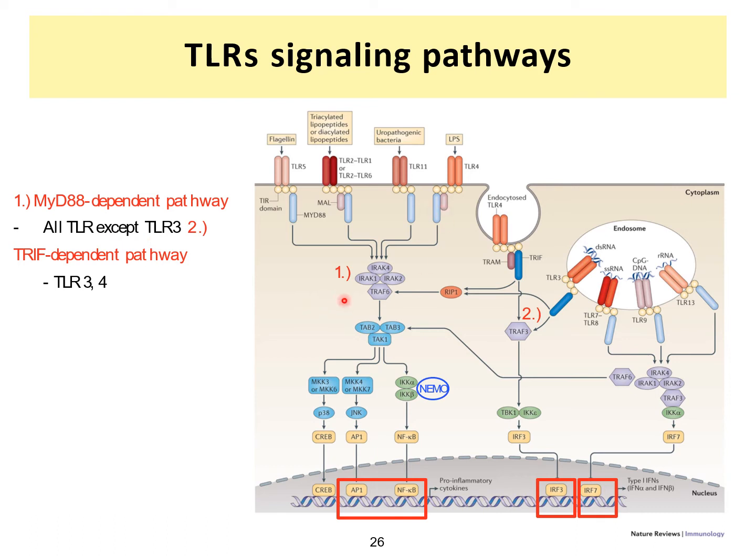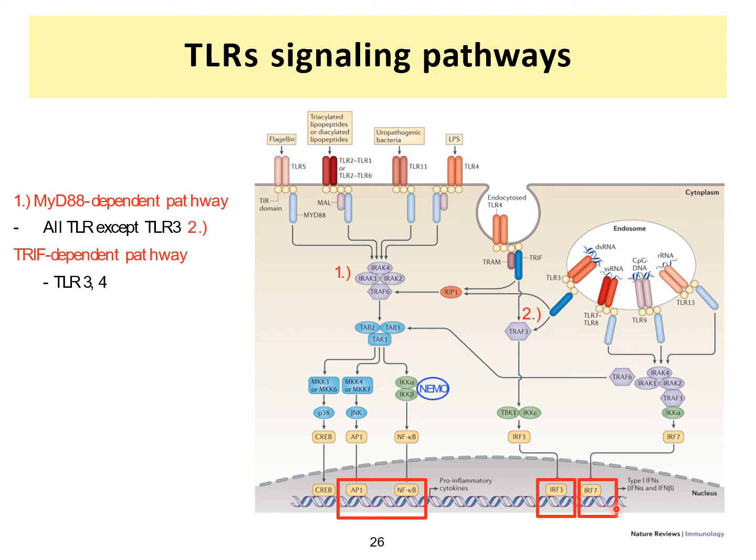So the first one is all TLRs except TLR3. So here the first one is this pathway, and the second one is here, you can see the TRIF dependent pathway. So what they are finally doing, they are entering the nucleus and they are modifying the nucleic acid structure.